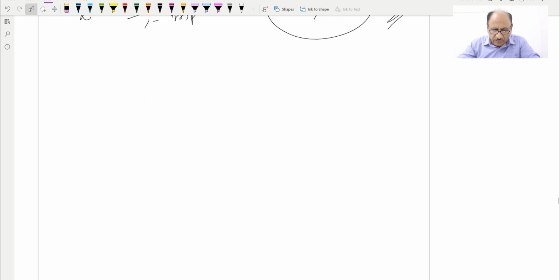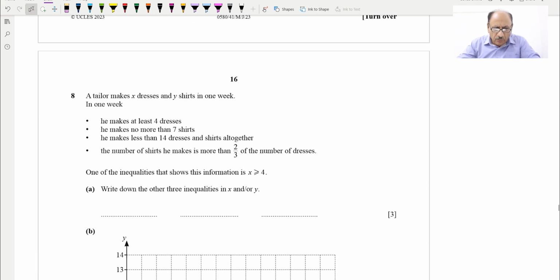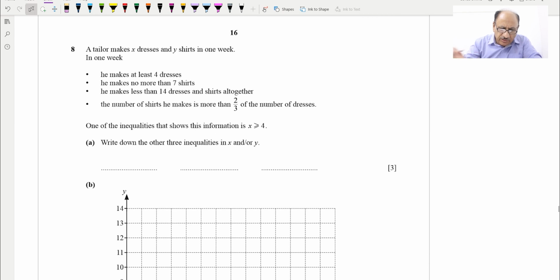Hopefully you understand this. Now here comes question number 8. Question number 8 says a tailor makes X dresses and Y shirts in 1 week. In 1 week he makes at least 4 dresses. He makes no more than 7 shirts and makes less than 14 dresses and shirts altogether.